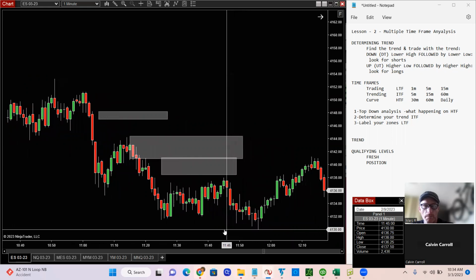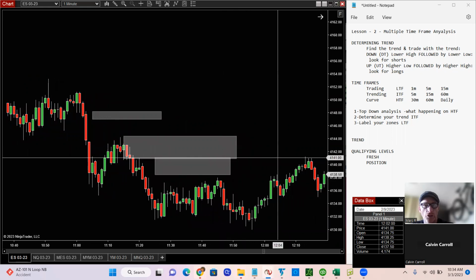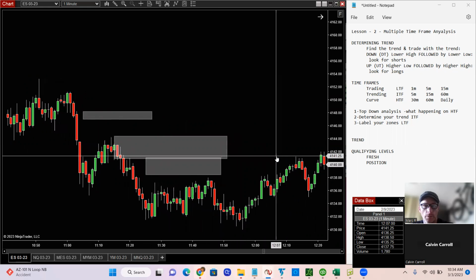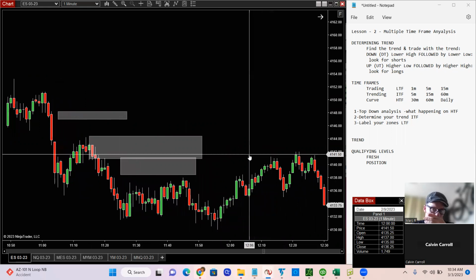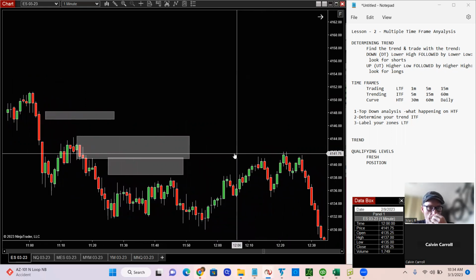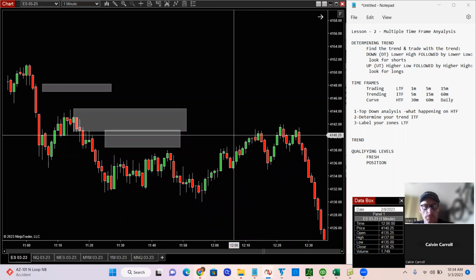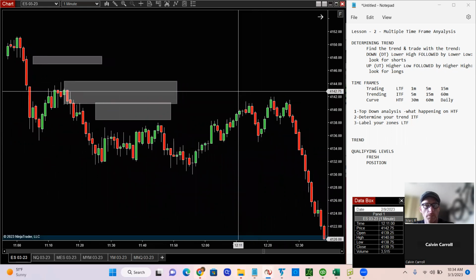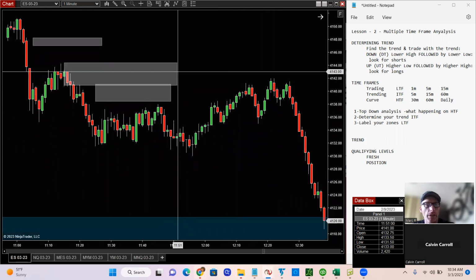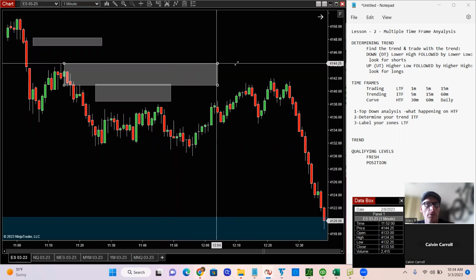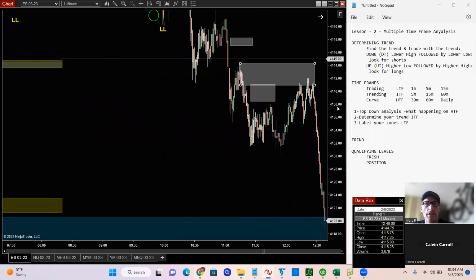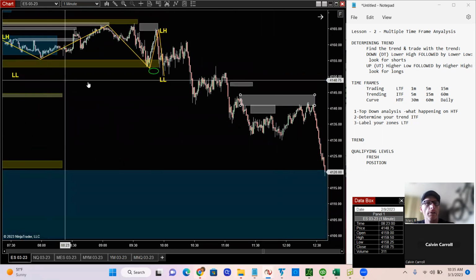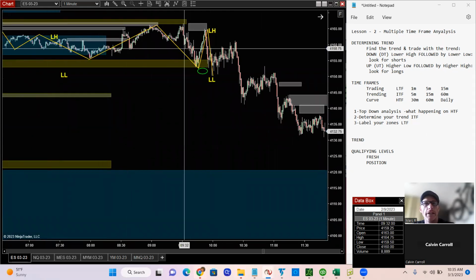So maybe you got short in here. If you did get short in here, because again, you're in a 5-minute downtrend, that's what your yellow line is.